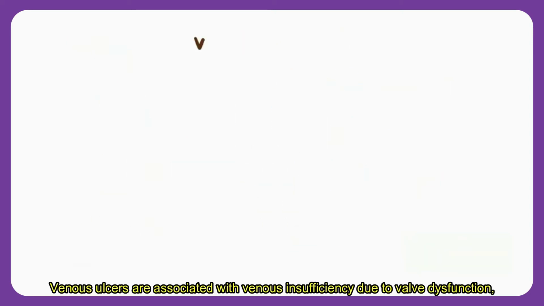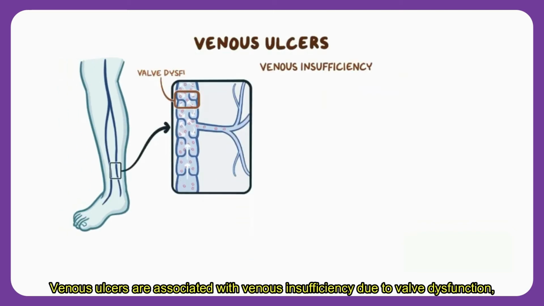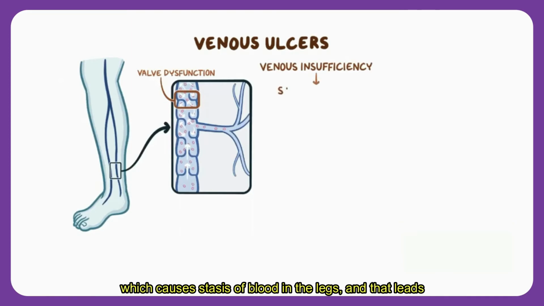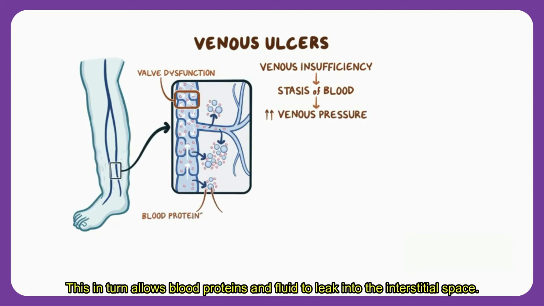Venous ulcers are associated with venous insufficiency due to valve dysfunction, which causes stasis of blood in the legs, and that leads to an increased venous pressure. This in turn allows blood proteins and fluid to leak into the interstitial space.